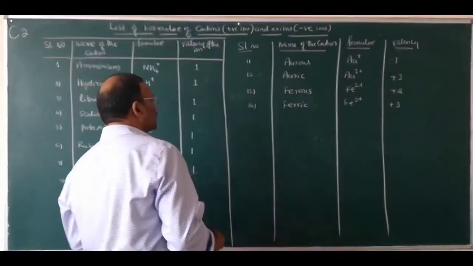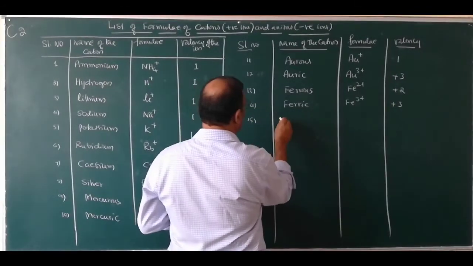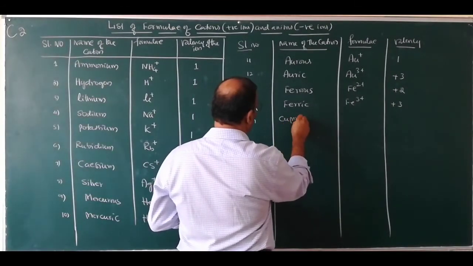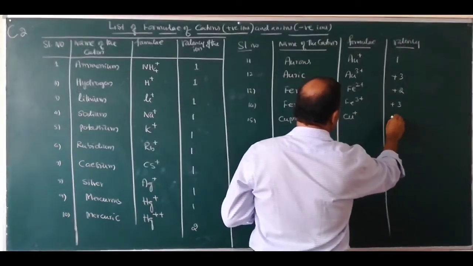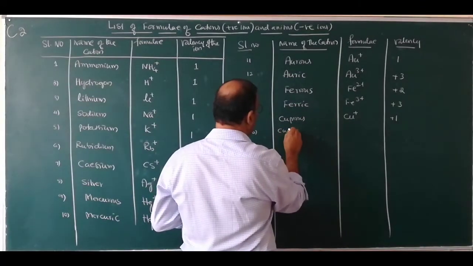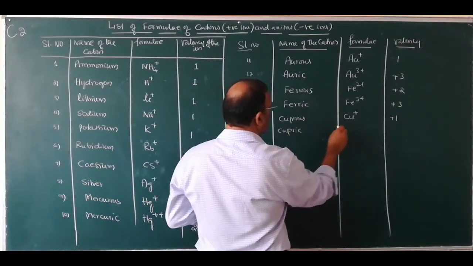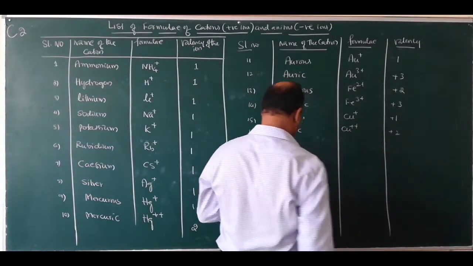So ferric. Fifth one, cuprous, Cu+, here it is plus 1. 16th, cupric, Cu2+, it is plus 2.